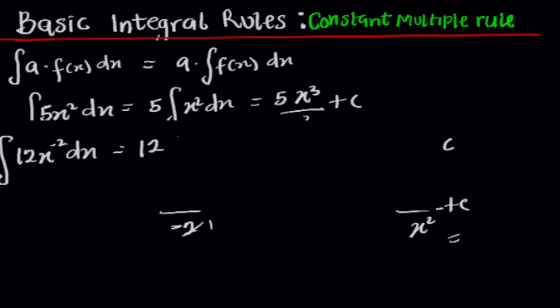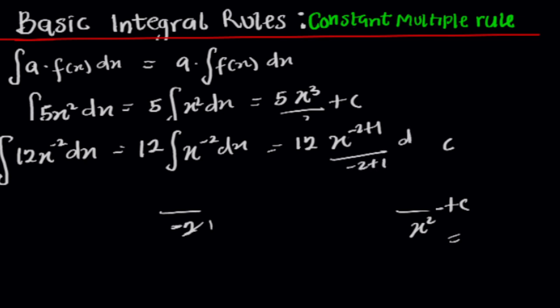We're going to have 12 times the integral of x power minus 2 dx. Let me simply go ahead and integrate it directly. So if I integrate this directly, we are going to have x power minus 2 plus 1 divided by minus 2 plus 1.